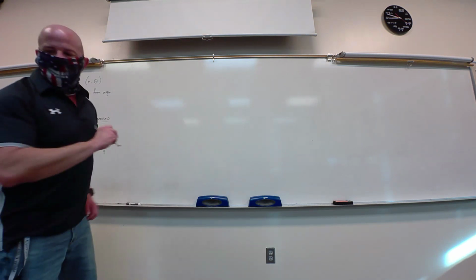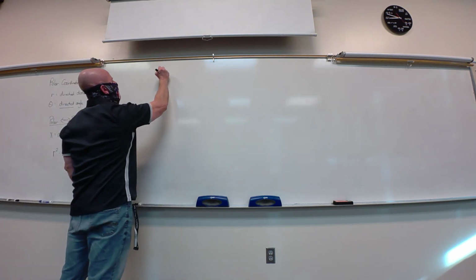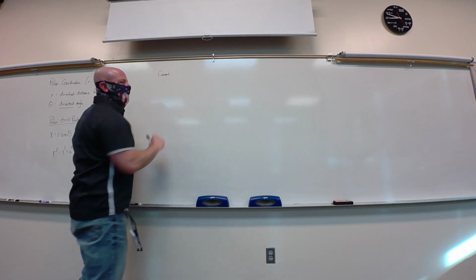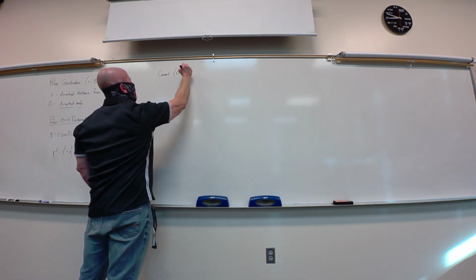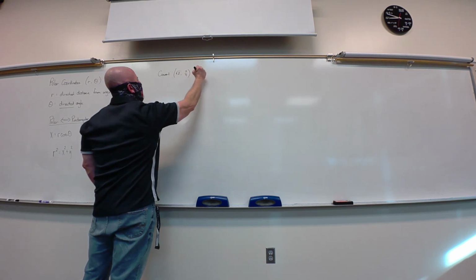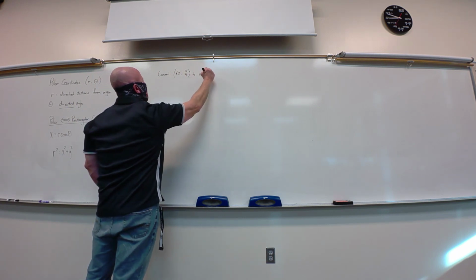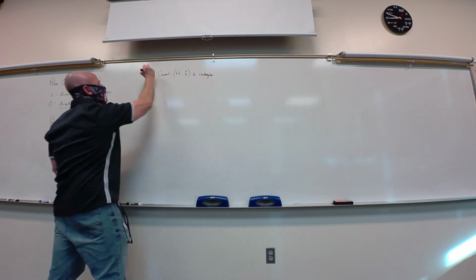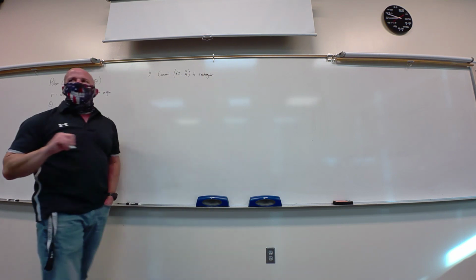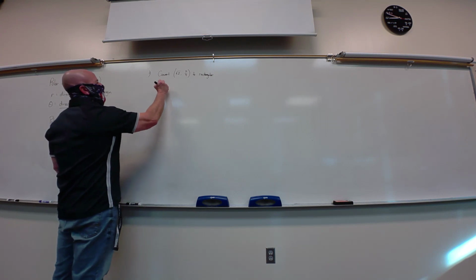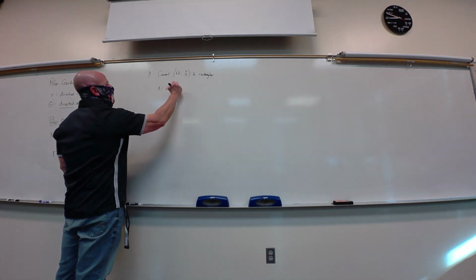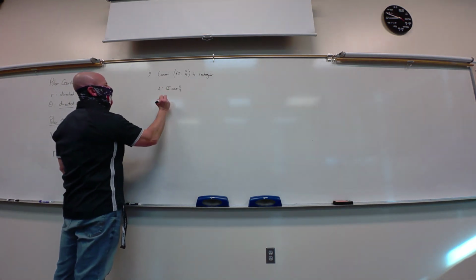So if I said convert root 2, pi fourths to rectangular. We're going to convert that to rectangular. So rectangular means I need an x and a y. I'm given an r and a theta, I need an x and a y. X equals root 2 cosine pi fourths.